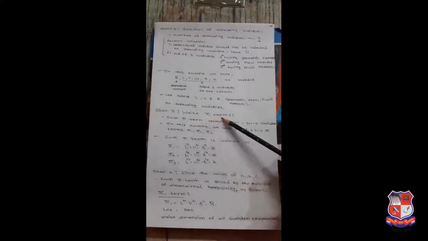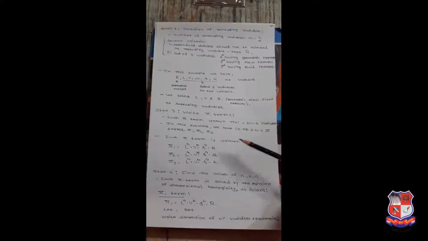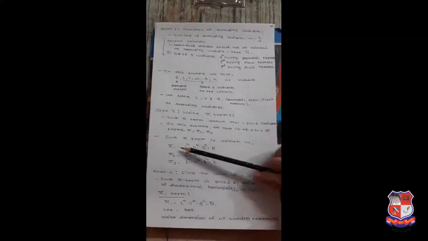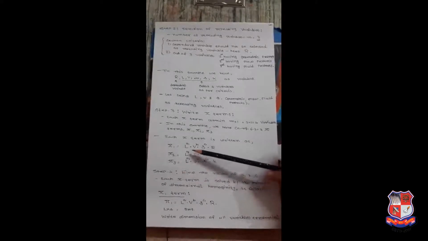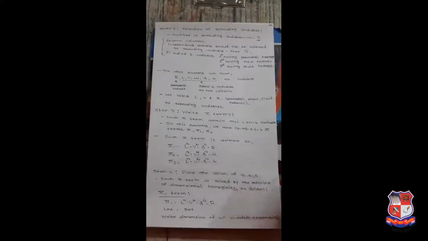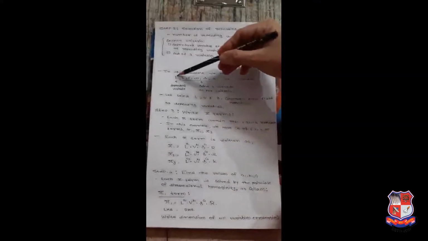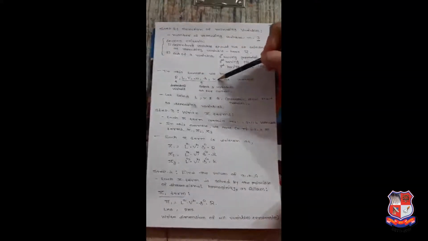Step 3. Write pi terms. Each pi term contains m plus 1, meaning 3 plus 1 is equal to 4 variables. In this example we have n minus m, meaning 6 minus 3, 3 pi terms: pi 1, pi 2, pi 3. Each has the 3 repeating variables L, V, rho, and the remaining properties are R, mu and k.